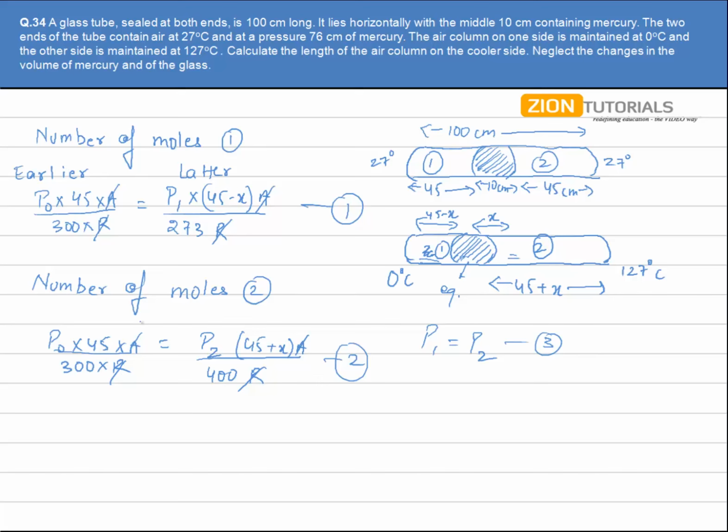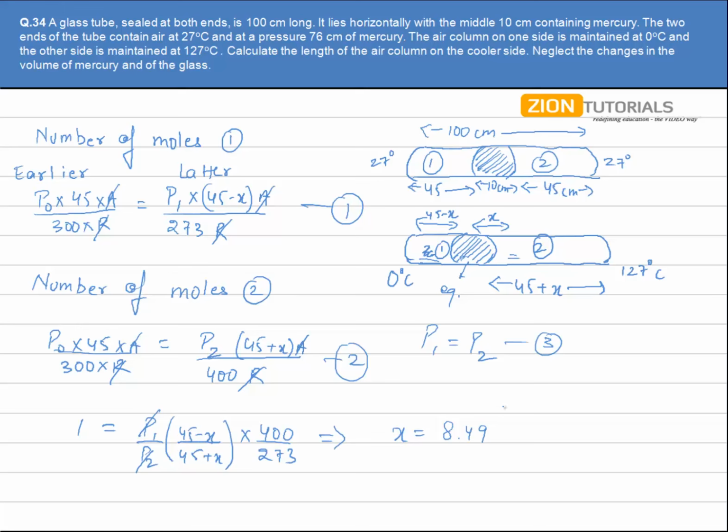If we divide these two equations, I will get 1 equal to P1 by P2 into 45 minus x divided by 45 plus x into 400 by 273, right? Since P1 equals P2, I can cancel these two things. Now from this equation, if you calculate the value of x, x would come out to be approximately 8.49, right?